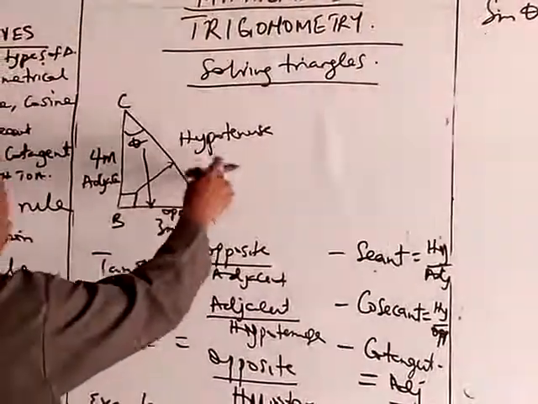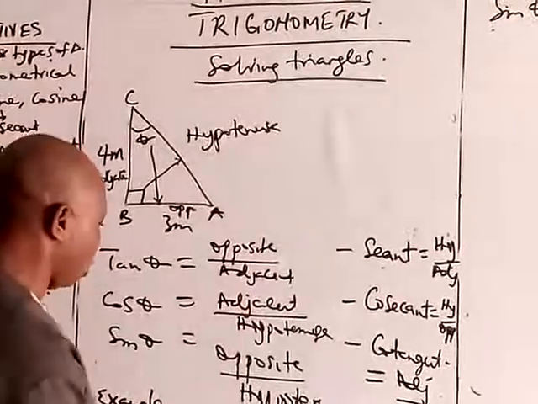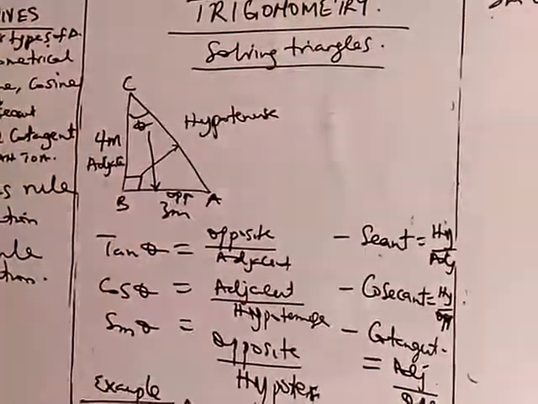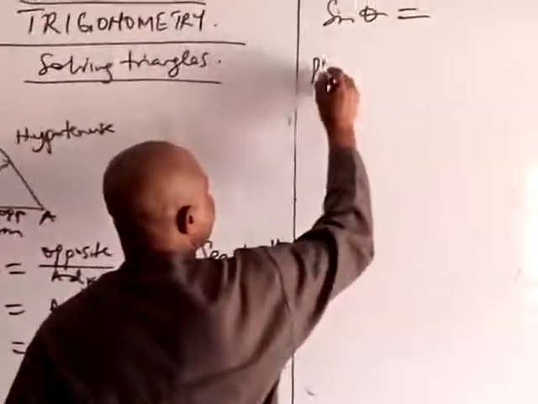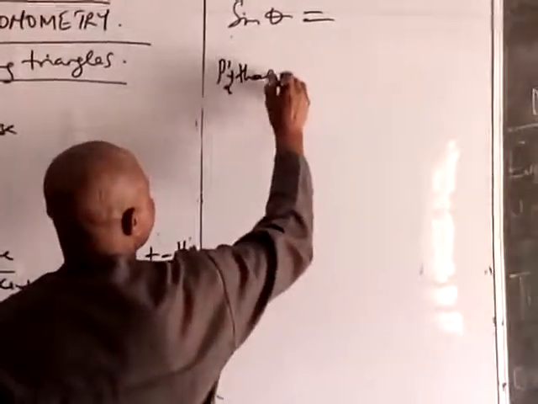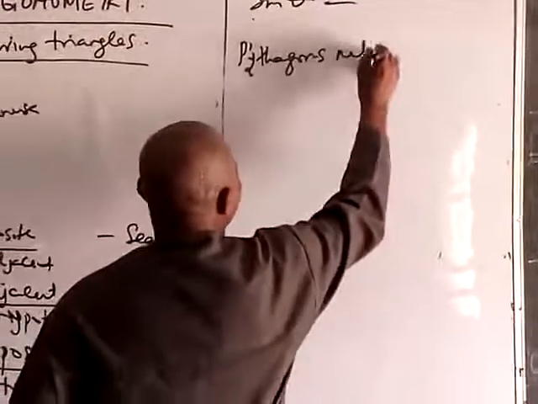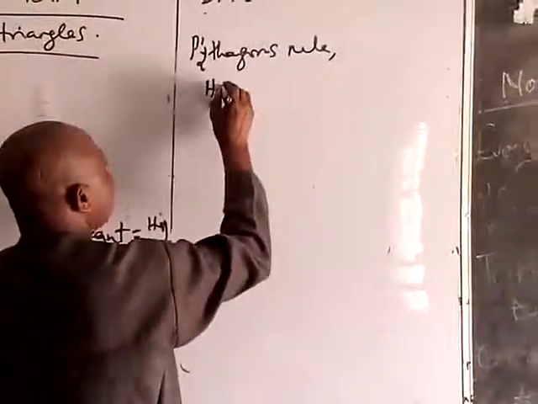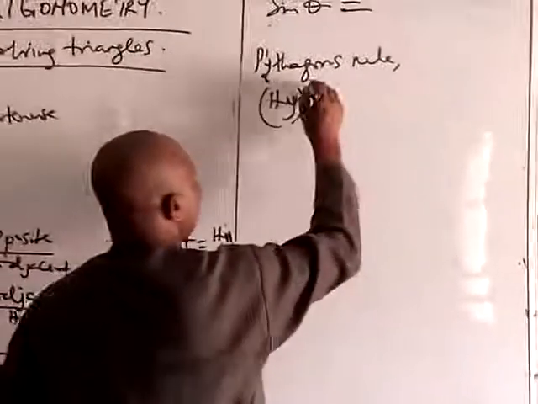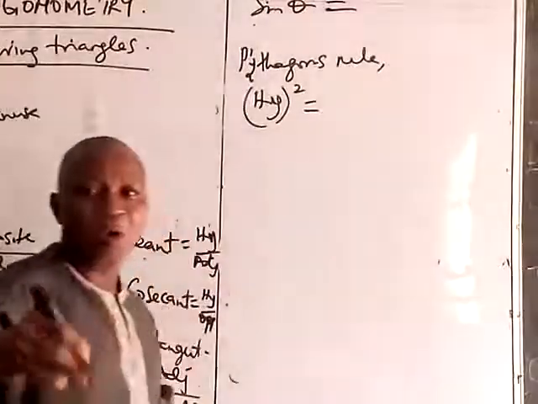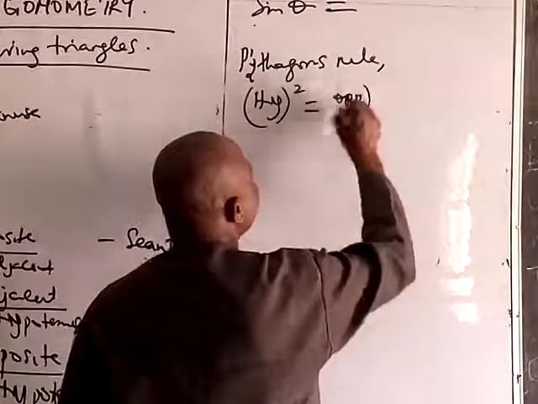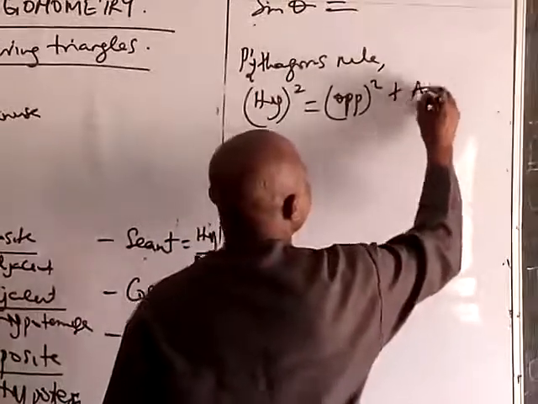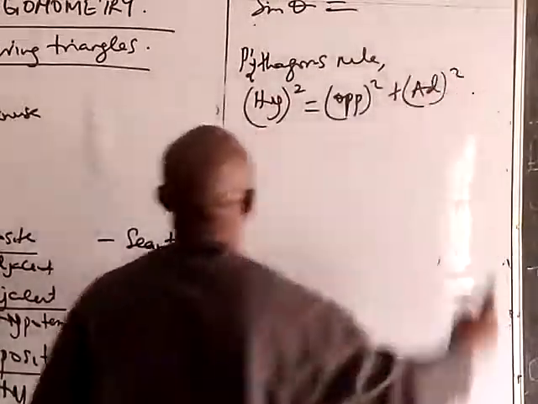What we need to do to know the hypotenuse side is to first of all use the Pythagoras rule. Pythagoras rule says that the hypotenuse raised to power 2 is equal to the sum of the squares of the two other sides, that is opposite side squared plus adjacent side squared.